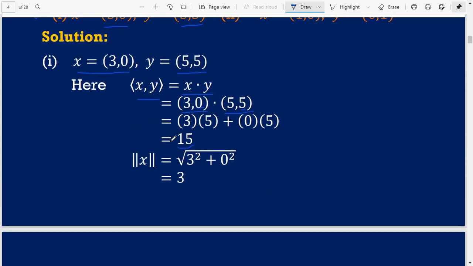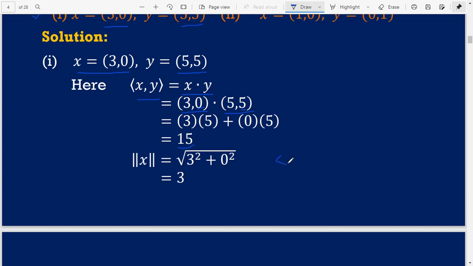Norm x is equal to the square root of inner product x with x, so is equal to the square root of (3, 0) into (3, 0), so is equal to 3 square plus 0 square.